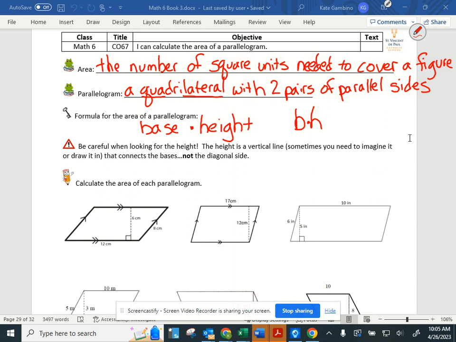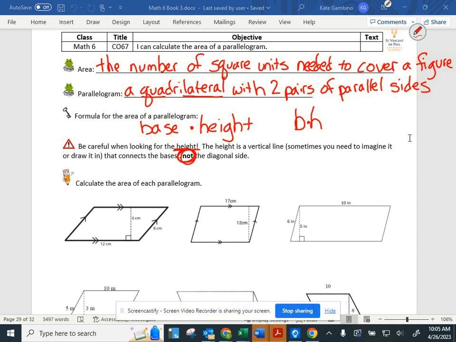Instead of looking for a length and a width, we need to be very, very careful with a parallelogram because looking for that height is different than looking for the width. The height is a vertical line. Sometimes we have to imagine it or draw it in, and it connects the bases, not the diagonal side.